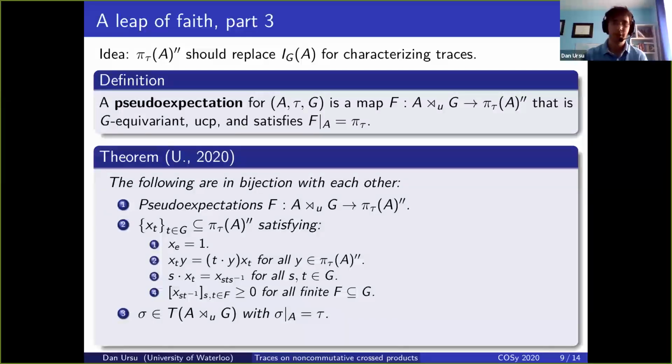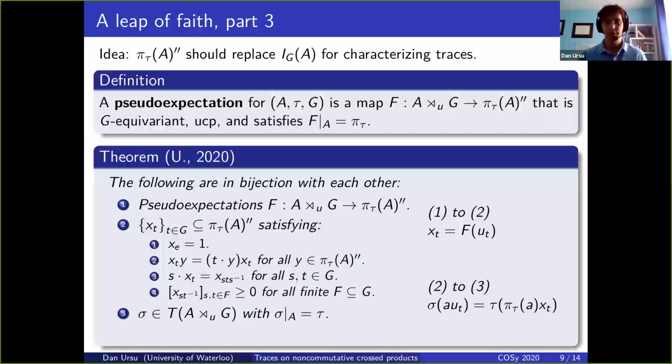Okay, so how do we actually link all of these sets together? Going from 1 to 2 is fairly straightforward. Given any pseudo-expectation, I can just let xt be the pseudo-expectation evaluated at the element t, or rather the unitary ut. And going from 2 to 3, given any such collection of xt's, it's possible to write down a trace which is given by the following.